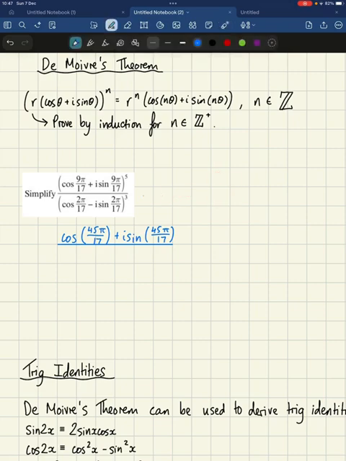Be careful. So what we can do is, again, use de Moivre's theorem. So we're going to do cos of minus 2 pi by 17 times 3. So that's going to be minus 6 pi by 17. Minus i sine, actually it's going to be plus i sine, of minus 6 pi by 17.